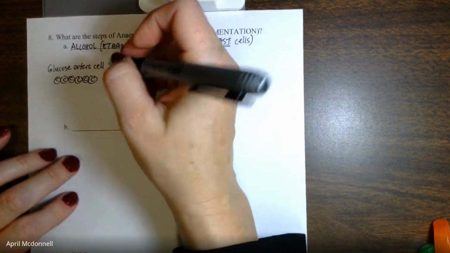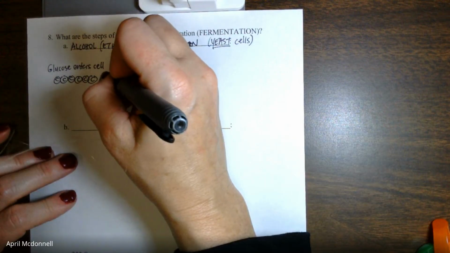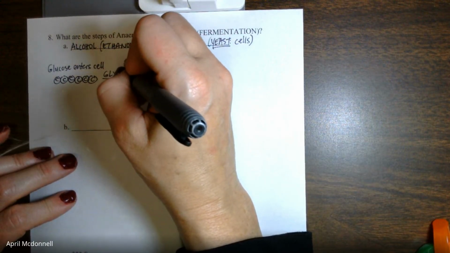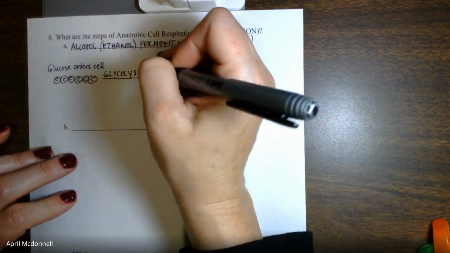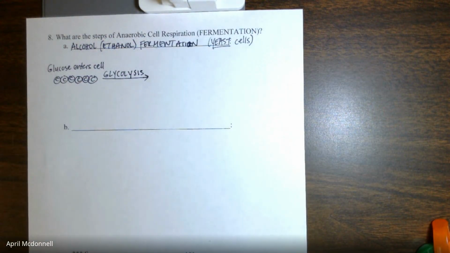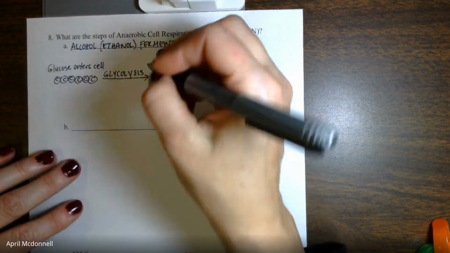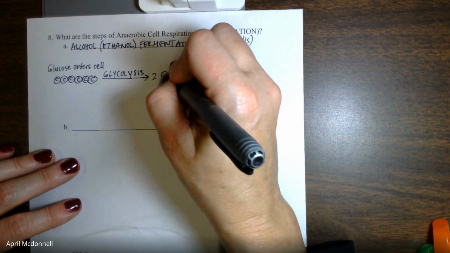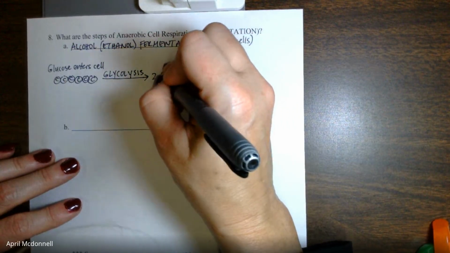The first thing that is going to happen is glucose is going to be broken down by glycolysis. This is the same procedure as we have already discussed. 2 pyruvate molecules are going to be produced.